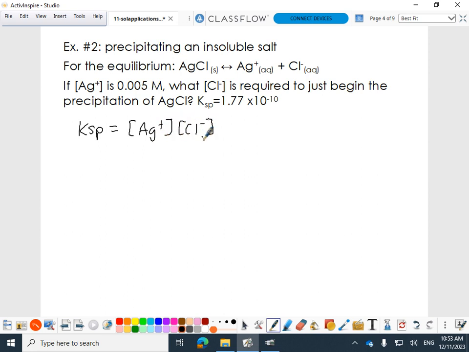Okay, so all we're doing is subbing in what we know. We know KSP. We know the silver, we don't know the chloride.